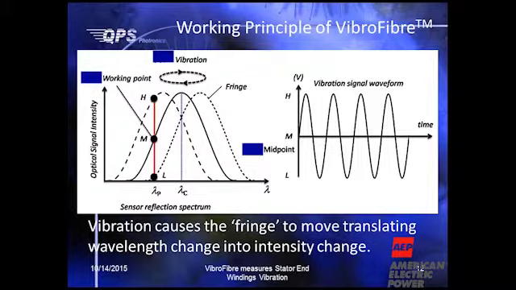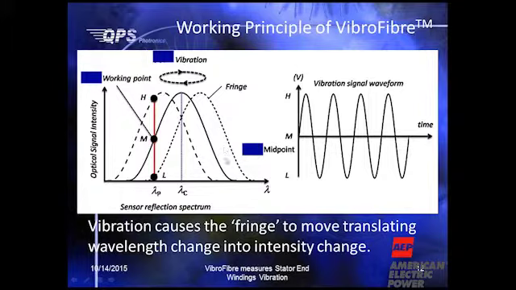And then upon vibration, which moves the fringe left and right, the operating point is basically moving up and down a slope because the laser is staying put, but the vibration causes it to take a path along the rising slope of the fringe.